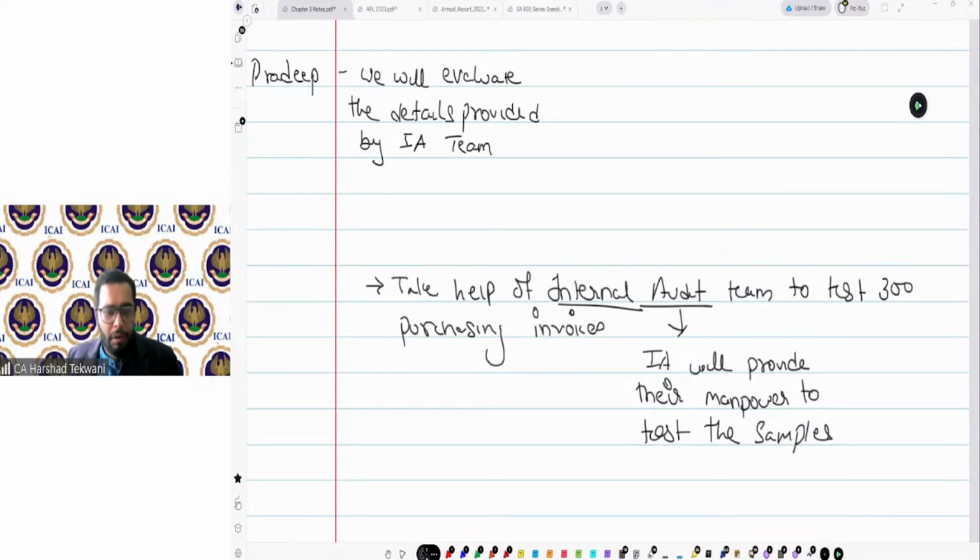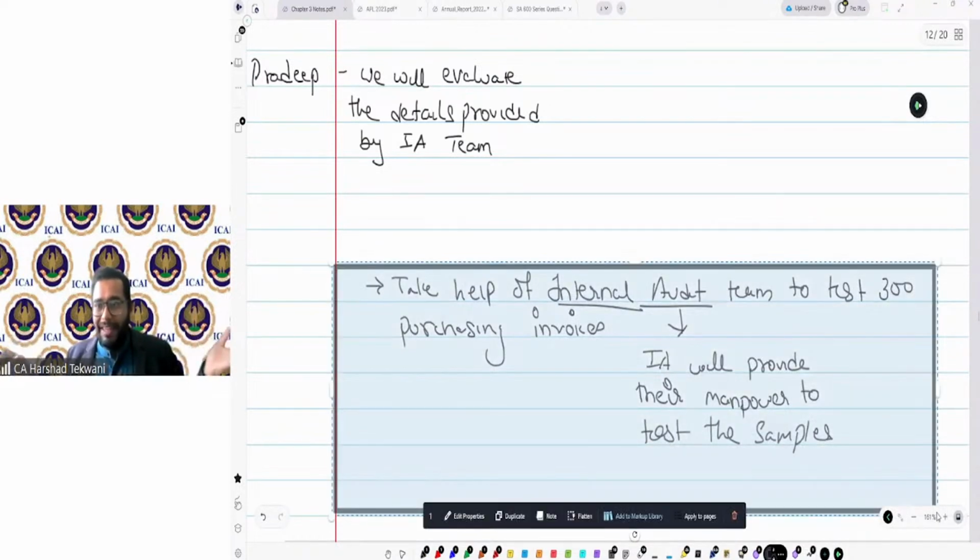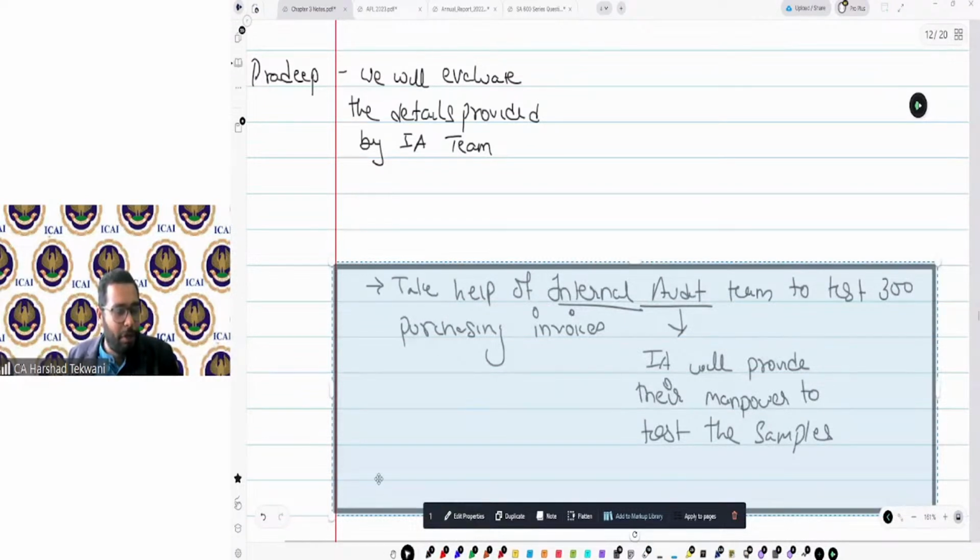Now, I have this second proposal from management. Okay, we denied the first proposal because they tested only three samples. Now they have presented a second proposal to us.